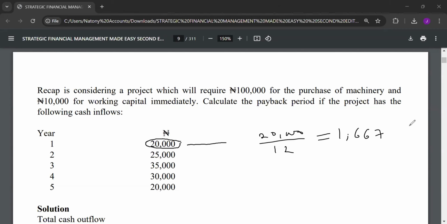I'm assuming that every month, this is what the company will be receiving. So at the end of the year, the company will have received 20,000 in year one.